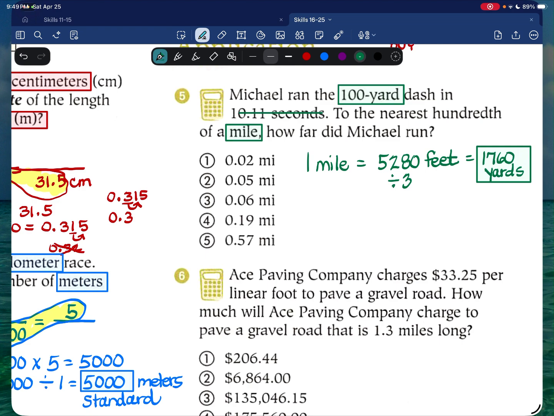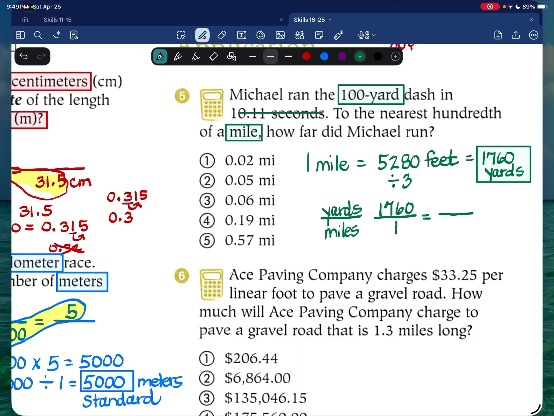But this one, you need to divide it to get it into yards. And then once you have that, you can set up your proportion of yards to miles. And we just found that there are 1,760 yards in a mile.